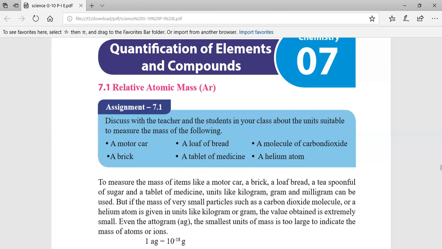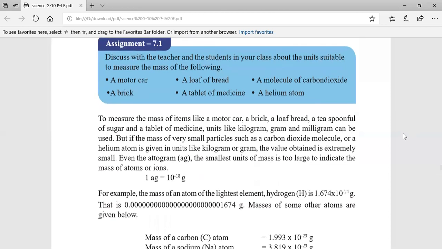Then we use very small masses, extremely small. What is an attogram? The attogram is the smallest unit of mass, symbolized as ag, used to indicate the mass of an atom or ion.